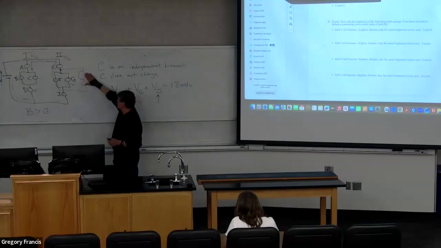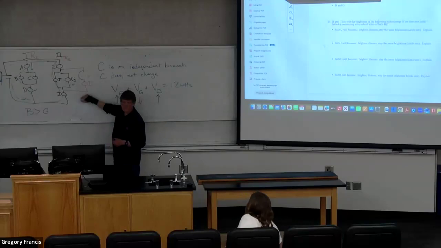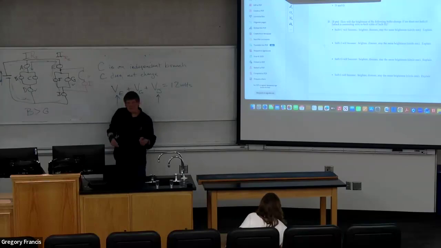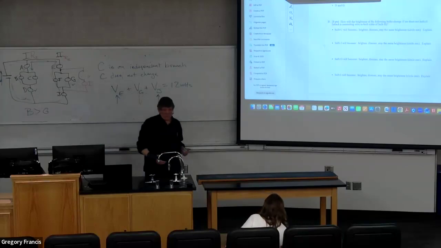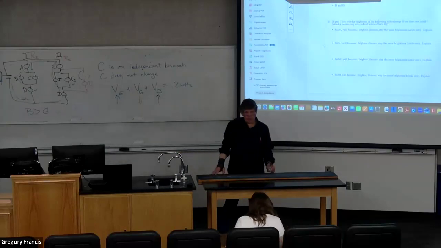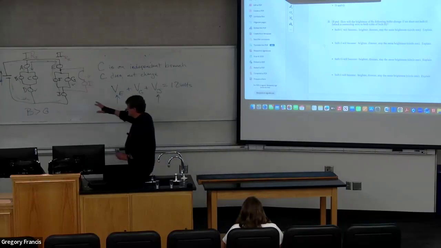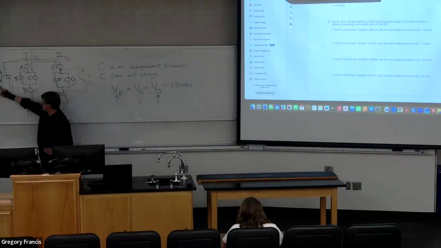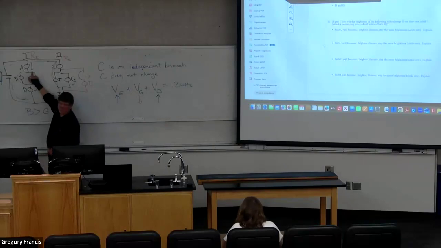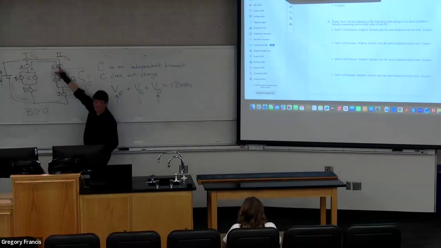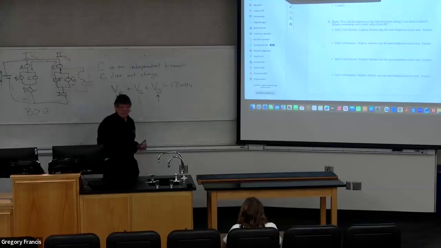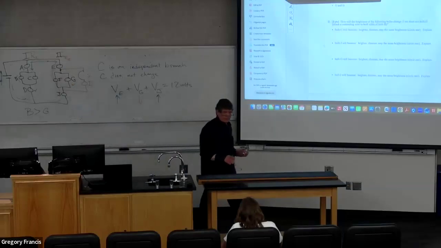Some people like to think of this as decluttering a path by taking that bulb out. Either of those changes is going to make it easier for current to flow, and it's going to make the current through the battery go up. Now, because branch one is independent, none of that increase is going to be felt in this branch. It all has to be felt in the branch where I made the change. Does that answer your question?